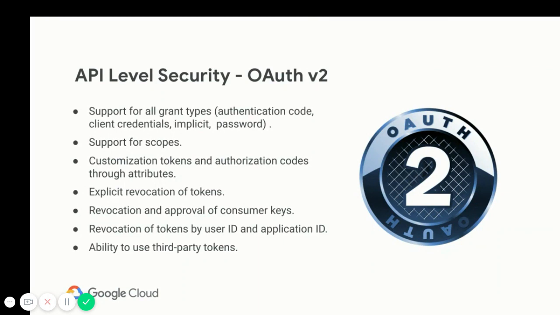Is there an ability, in whatever API management platform is being used, to use third-party tokens? So when we think about implementing OAuth2, all these aspects become critical and important, and we need to ensure they are configured and available. Okay?